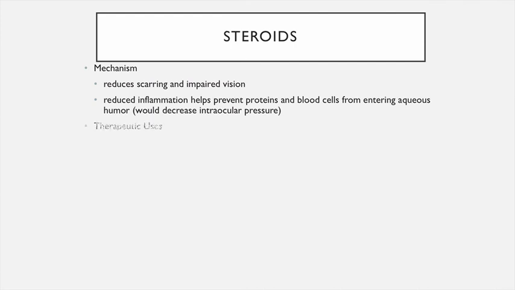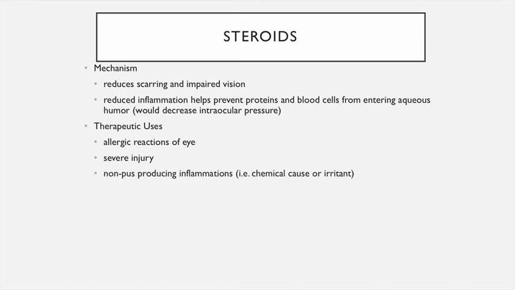And it's great, but you want to make sure that they don't have an infection. You do not want to give somebody with an infection a steroid because that's just going to make that infection go to town, right? You're going to suppress the immune system and those microbes are going to be going like crazy. But if somebody has a severe inflammation in their eye, it can cause scarring, as you can imagine, and it will impair the vision. So a treatment is warranted in a severe inflammatory response of the eye.